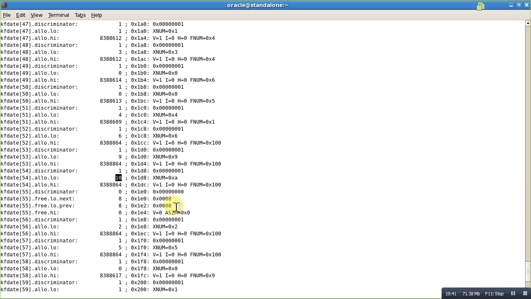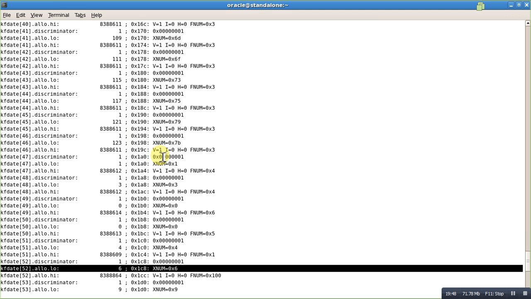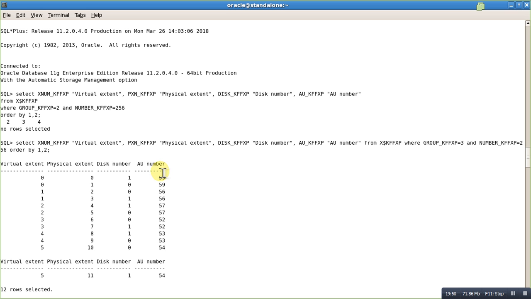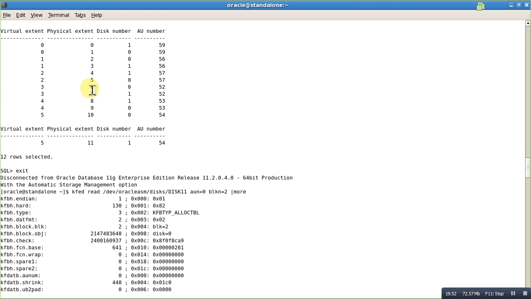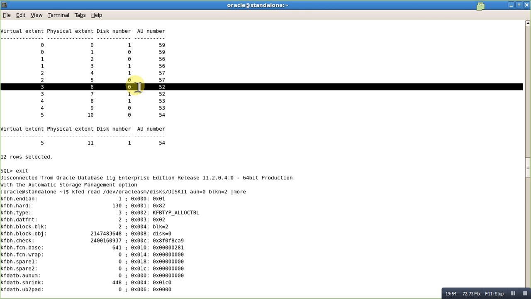So let's see first extent 6. From the previous output, extent 6 is on disk 1, so 0 and 1. So 0 is the first disk, which is disk 11, and 1 is the second disk, which is disk 12.